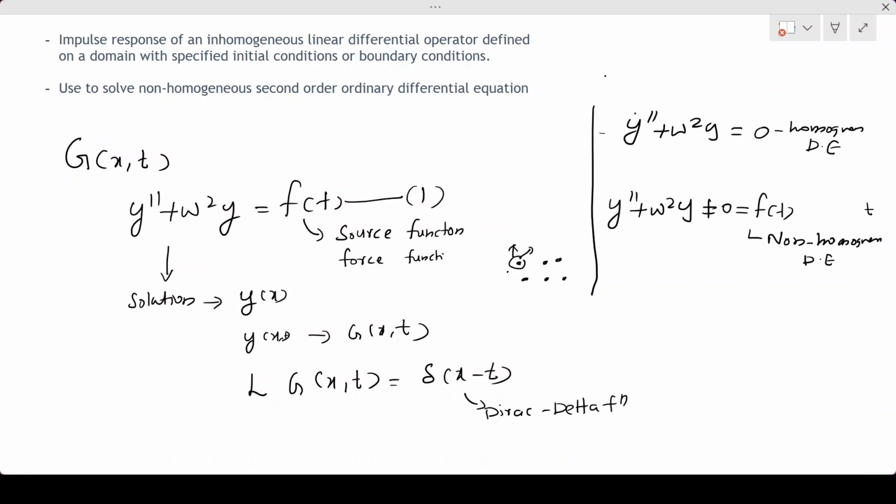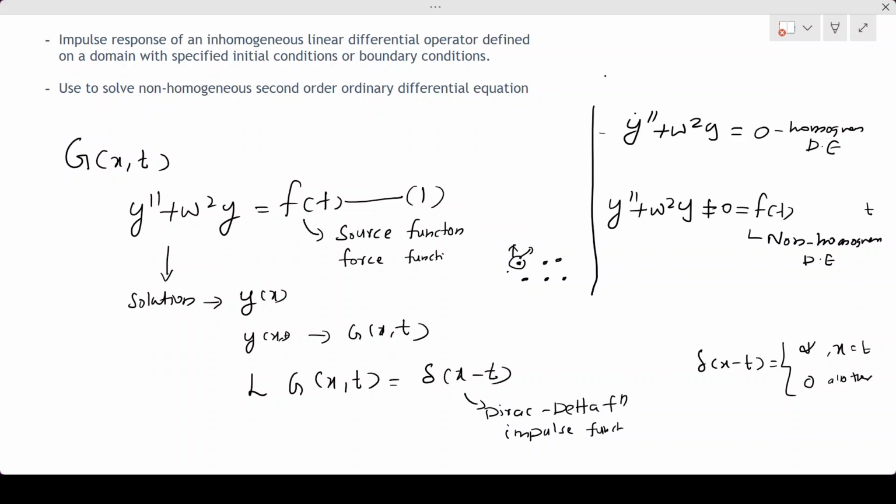You know the speciality of a Dirac delta function. The Dirac delta function is also called an impulse function, which has its maximum value only at a single point, and at all other points its value is 0.